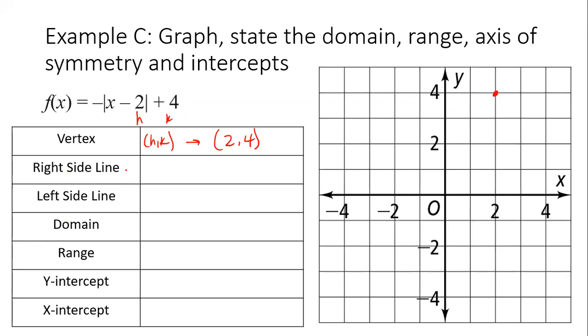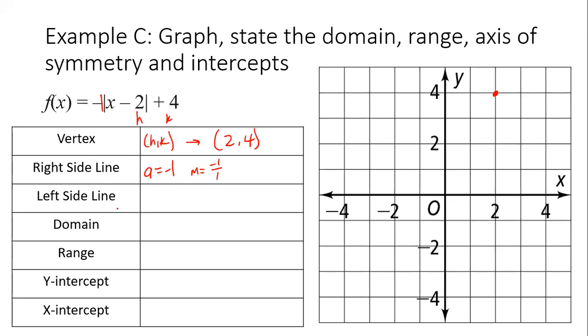Now the right side line of my graph. Looking at my A, it's negative, and if there's no number there, then my A is -1. So currently A equals -1. That means for the right side line, the slope is going to be -1 over 1.